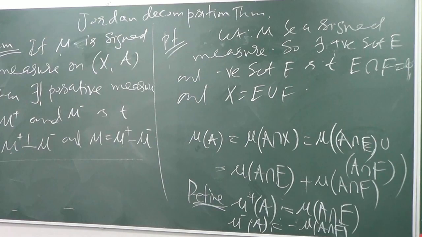So I would say E prime and F prime is another Hahn decomposition of X.